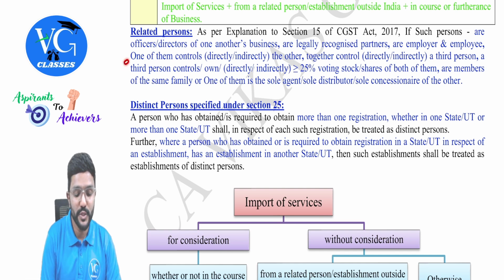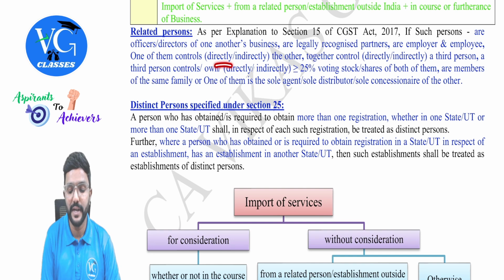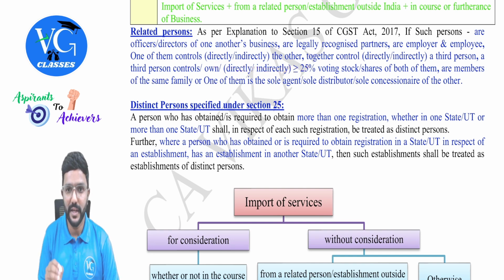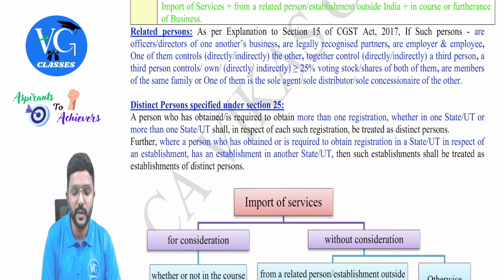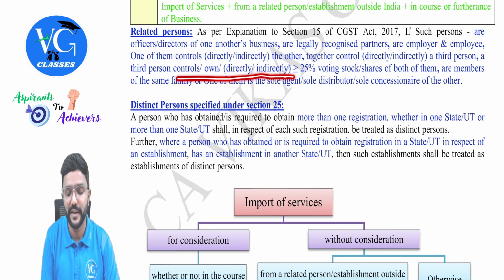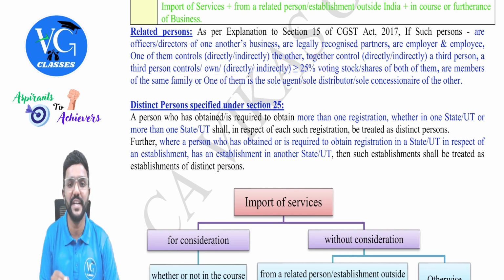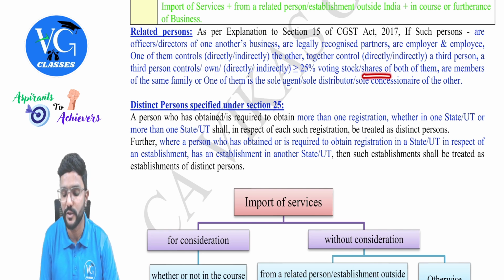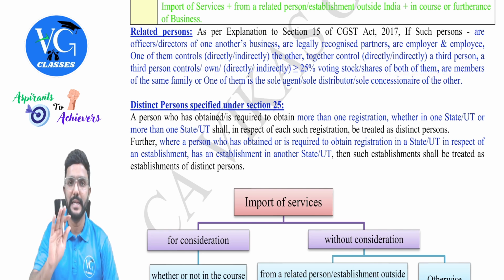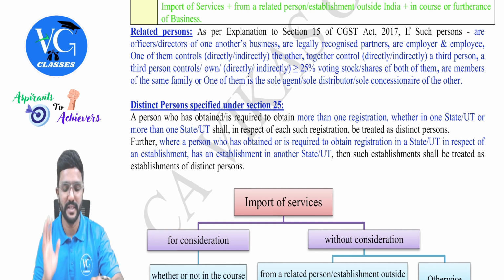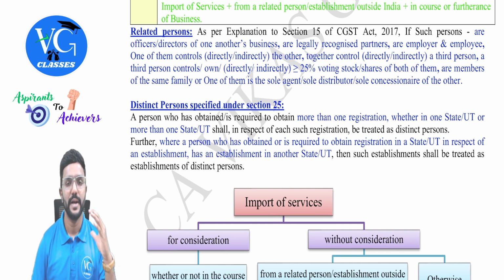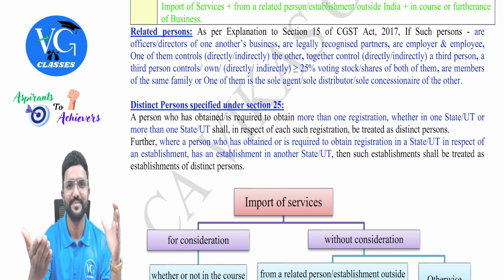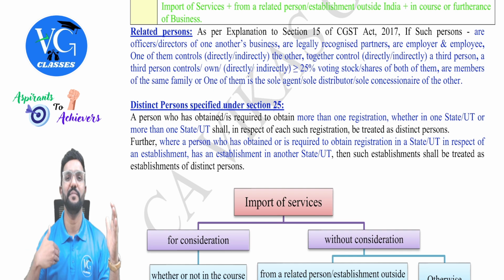Next, one of them controls directly or indirectly the other, or together they control directly or indirectly a third person, or a third person controls or owns, directly or indirectly, 25% or more of the voting stock or shares of both of them. Okay, let me explain this. Control, guys, whether direct or indirect: if one person is controlling the other, they both are related. Assume I am controlling you or you are controlling me.